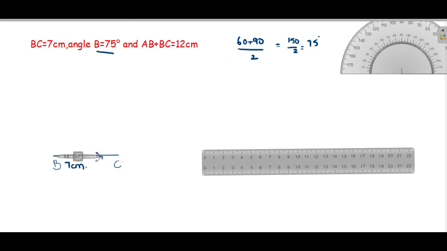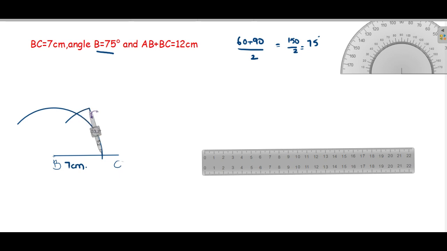Now let us draw an arc. Let us now keep this at this point and draw another arc. We do not have to change the radius of the compass.